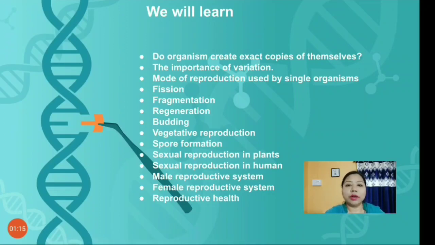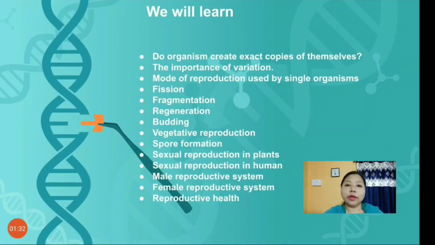Then you'll also be learning about the importance of variation. Yes, you and your parents do not look identical. You look similar but you do not look identical. So that's variation, and you'll be learning why variation is important.